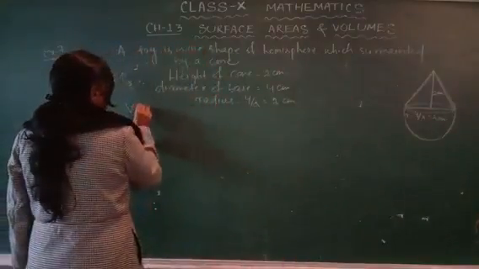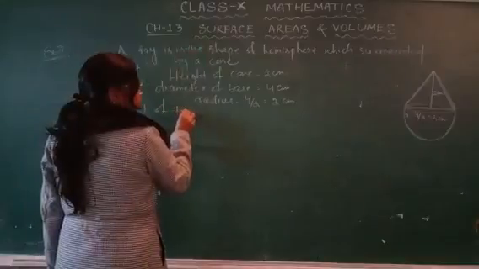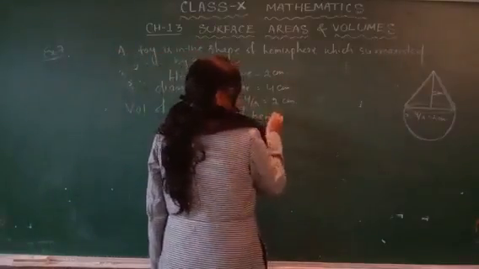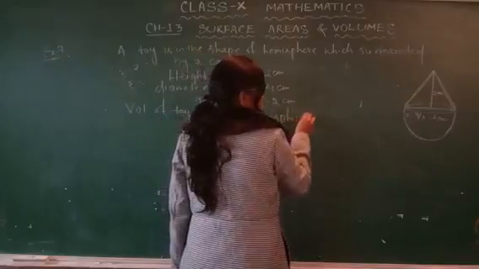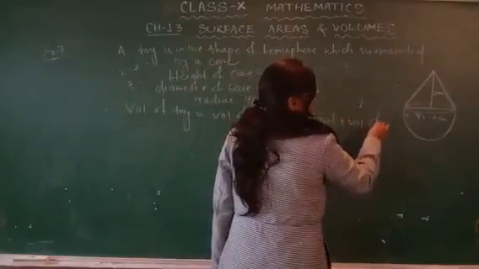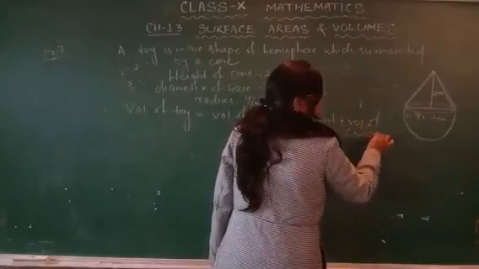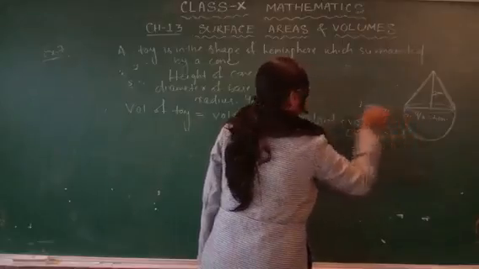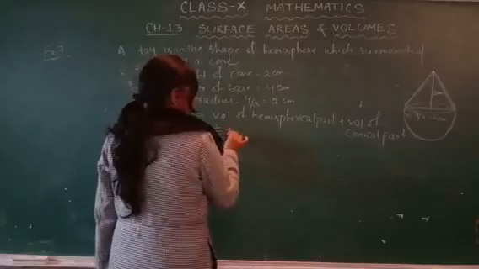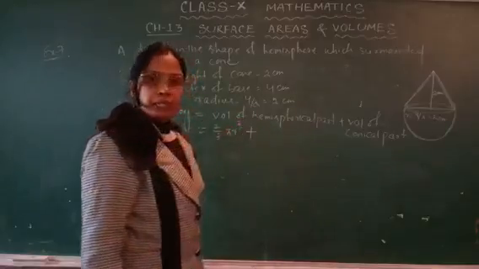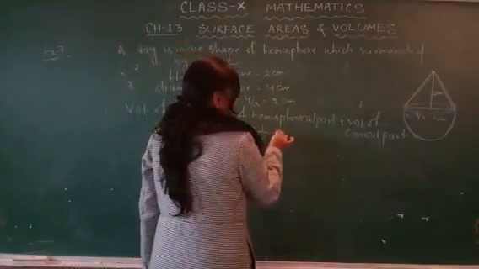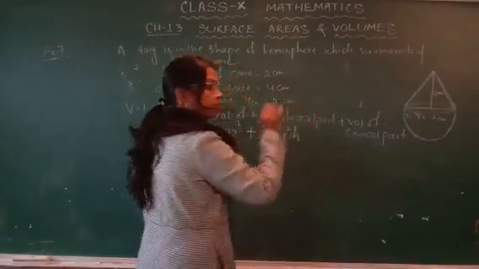So the volume of a toy is equal to the volume of a hemispherical part plus the volume of a conical part. So the volume of a hemispherical part is 2 upon 3 pi r cube, plus the volume of a conical part, that is 1 upon 3 pi r square h.